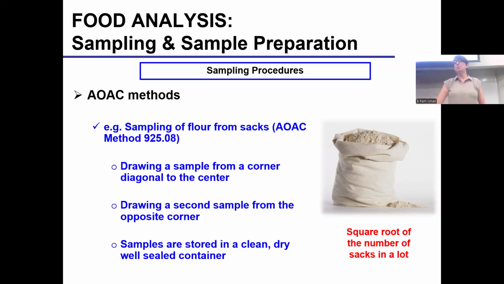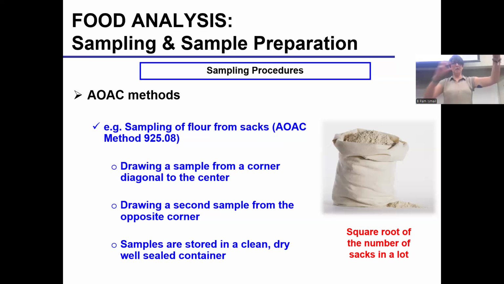And the way you pick them is randomly with a statistic. So you give them random numbers, you get a random number table, give those bags numbers, and then you select 10 random numbers. And then those 10 bags, you can take a sample from a corner opposite to the center or diagonal to the center, and then from another corner opposite to that corner.